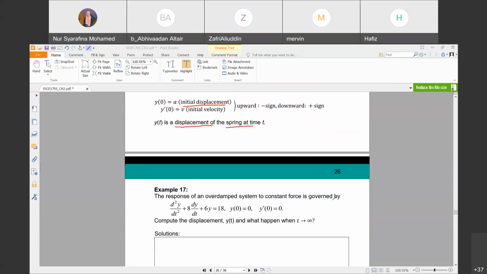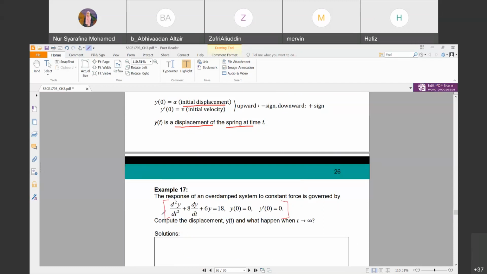The response of an overdamped system to a constant force is governed by the equation. For this kind of example, you just find the solution, just like we did in our previous lesson. You are given an equation, you know that it is second order, you find the solution.